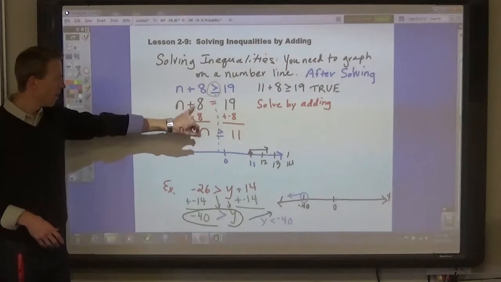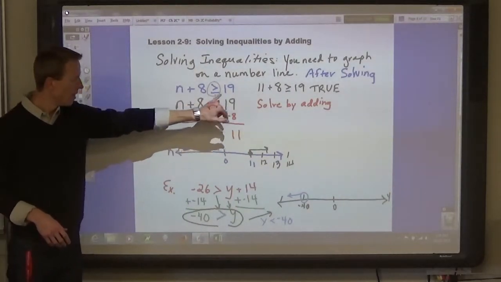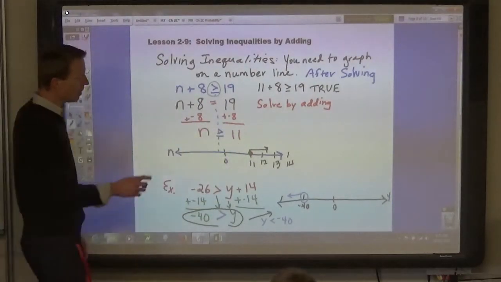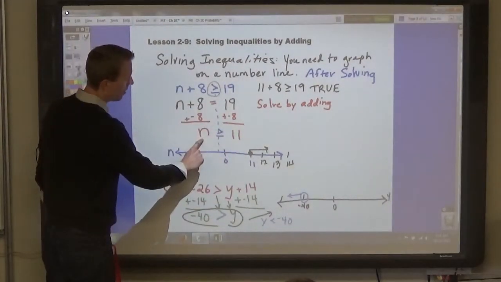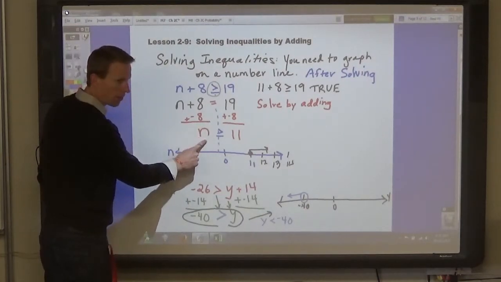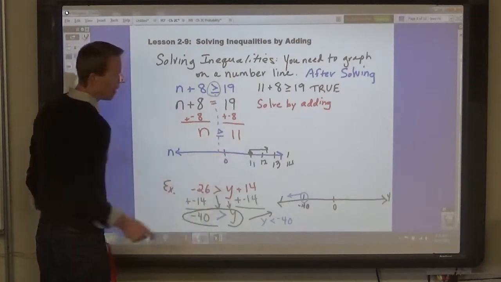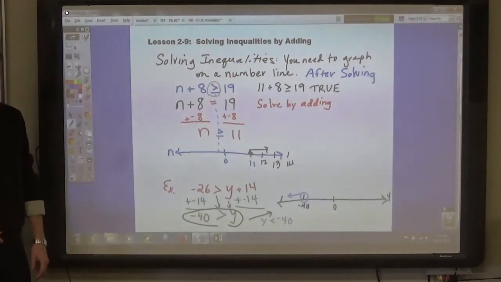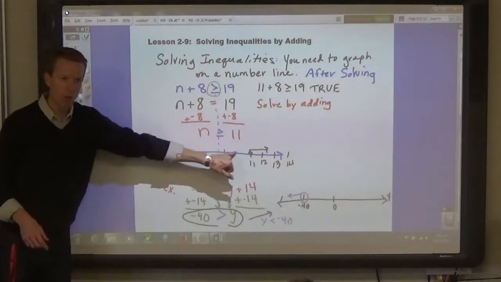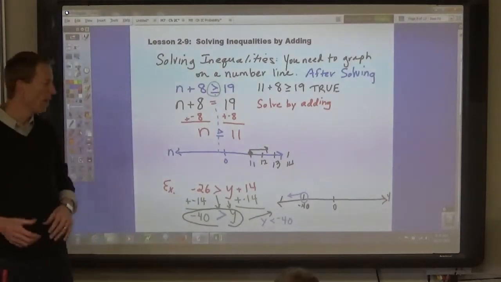So by getting rid of the 8, you add negative 8 to get rid of 8, and then you add negative 8 to the other side, and then that proves n, because n is by itself on the left side, n is greater than or equal to 11. Okay? That's how we get to this inequality. N is greater than or equal to 11. So we solve these the same way.